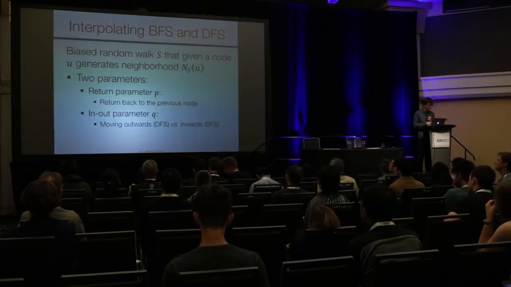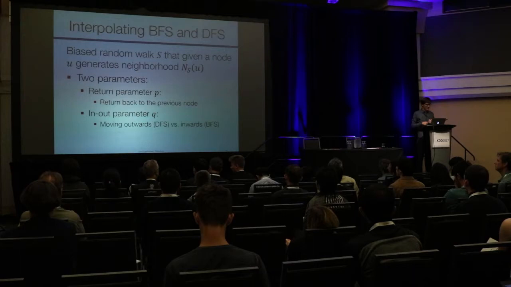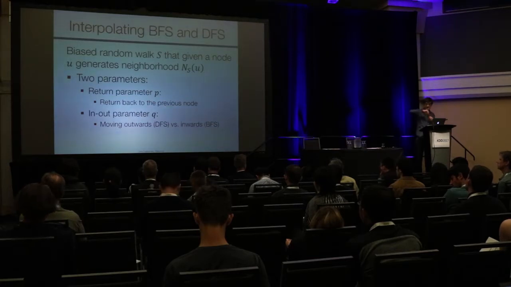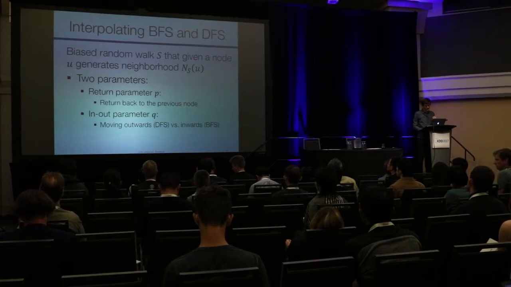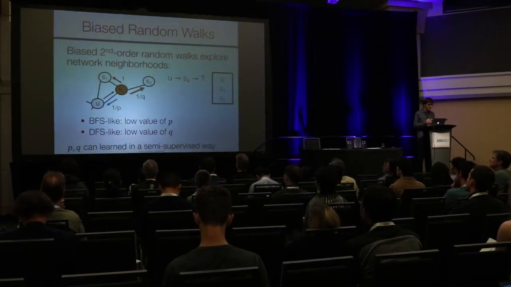Okay, so I'll have two parameters. I'll have a return parameter p, where the idea is I want to make a step back to where I came from, and an in-out parameter q that says, do I want to escape the vicinity of the node, or do I want to stay close to the start? To give you an idea, here is how we think about it. Think that u is my starting node, and that's where the random walk is.